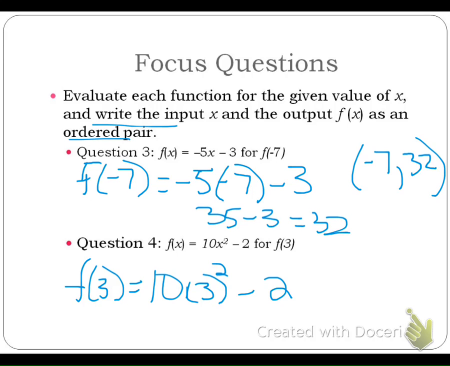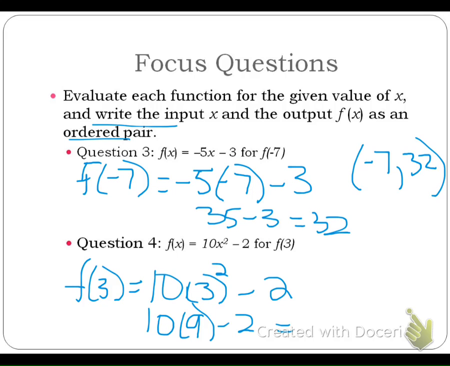Alright, order of operations says I need to solve my exponents first. So 10 times, well, 3 to the second power is 9 minus 2. What do we need to do next? I see multiplication, that 10 next to the 9, and I see the minus 2.